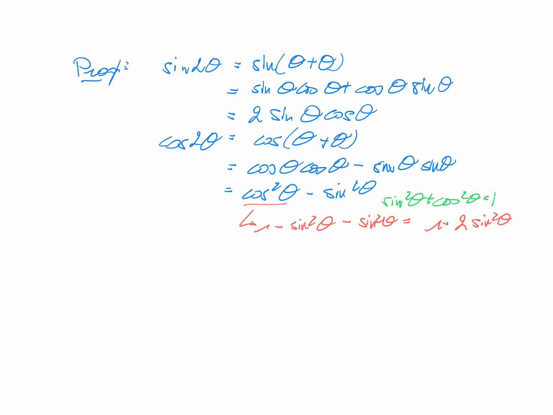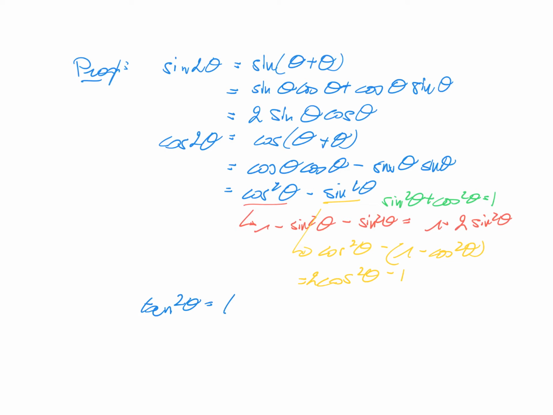We could also, instead of changing cosine, change the sine squared. If we do it with this, we get cosine squared of theta minus, and then sine squared of theta is 1 minus cosine squared of theta. So this is 2 times cosine squared of theta minus 1. And then the last one, the tangent of 2 theta.